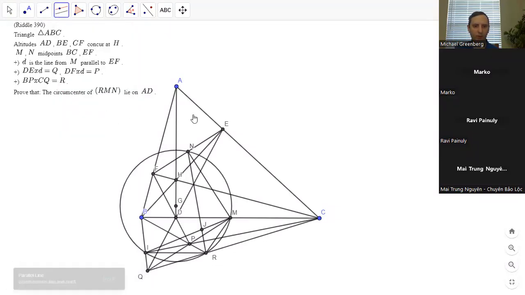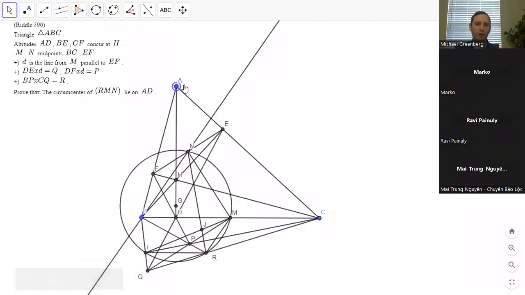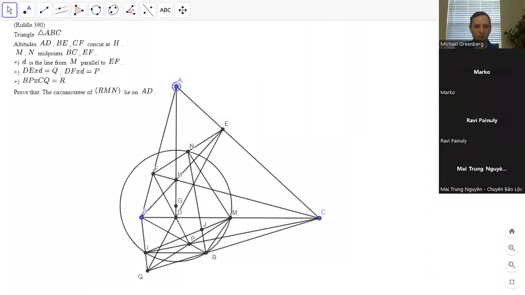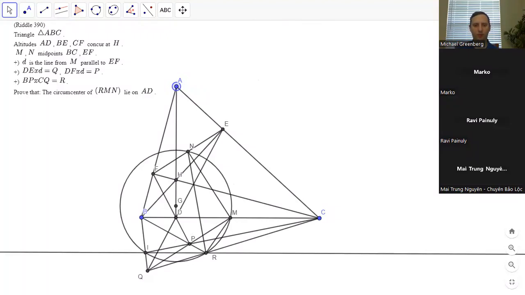I don't think so, but I'll check. Huh. I don't think MB is actually parallel to MR. I think that was a coincidence. Yeah, I'm going to erase those. Well, that one I'm going to leave, but NR.